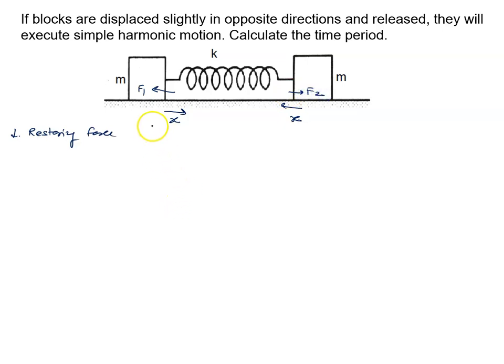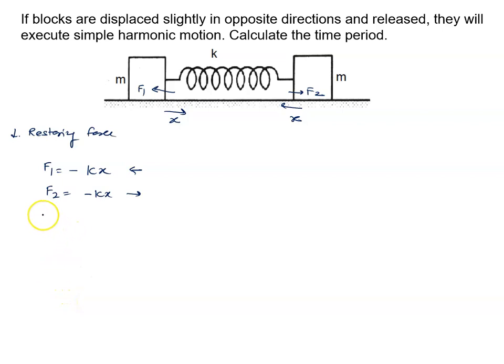We all know the restoring force F1 on block 1 is F1 equal to minus k into x, and this is the direction of the restoring force. The restoring force on block 2 is given by minus kx, and this is the direction.